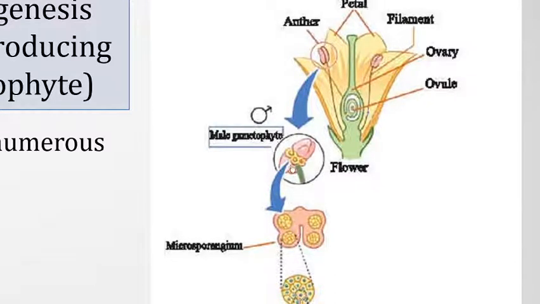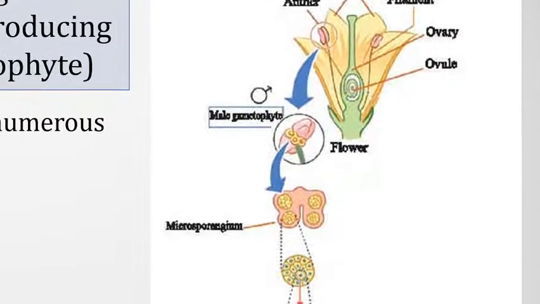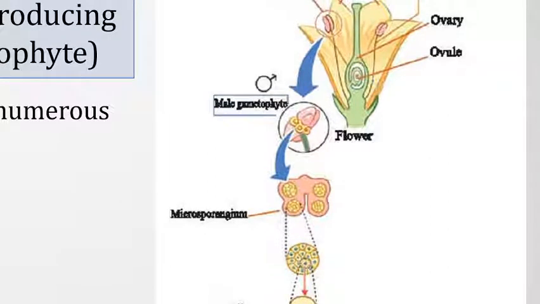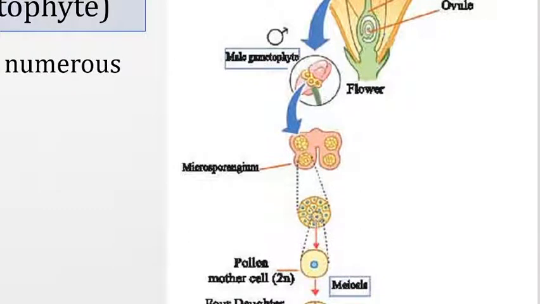Here we see that from the cross section of the anther we get 4 microsporangia, and microsporangia are sac-like structures which contain the microspores. Inside the microsporangium we find numerous pollen mother cells.